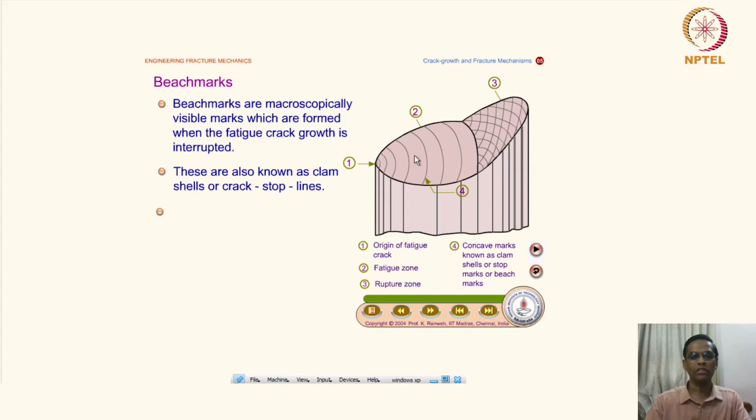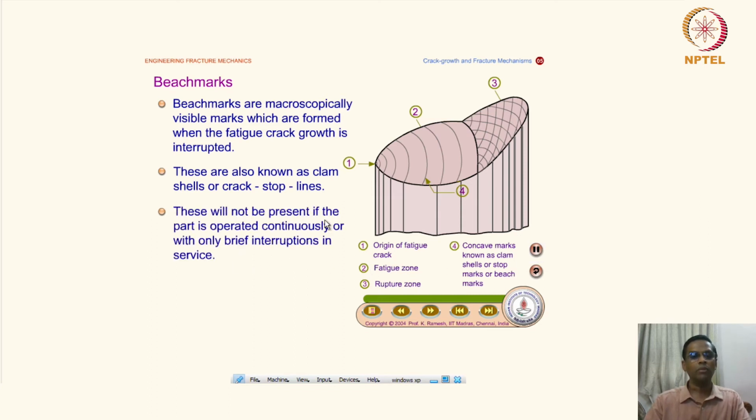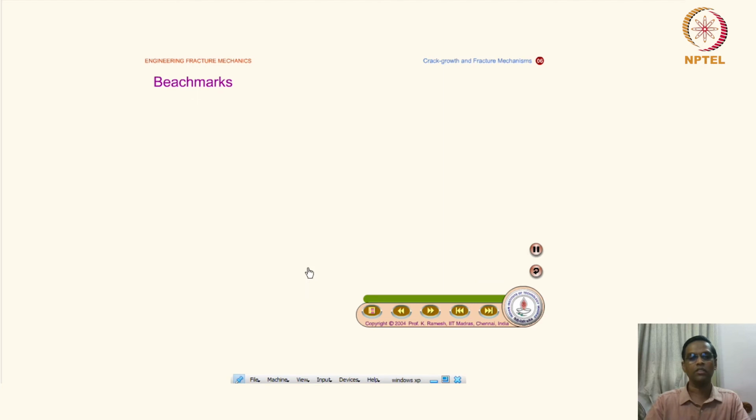How do we distinguish this from striations? That's something you have to see. These will not be present if the part is operated continuously or with only brief interruption in service. But to realize these kinds of beach marks, it has to undergo a lot of service time. Then it is easy to visualize.